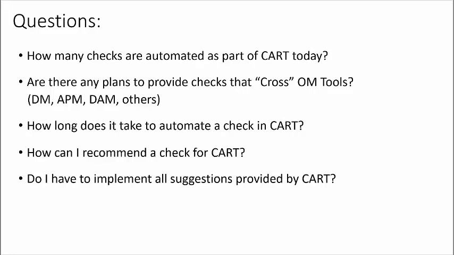So you might also ask, how long does it take to automate a given check in CART, right? This kind of talking proof of concept that I've created. I think it really depends. If there are similar checks that are already defined in CART, a new check can take me anywhere from an hour to 2 hours. If a check is completely new using objects that I have not included in the product, it might take me 4 hours.